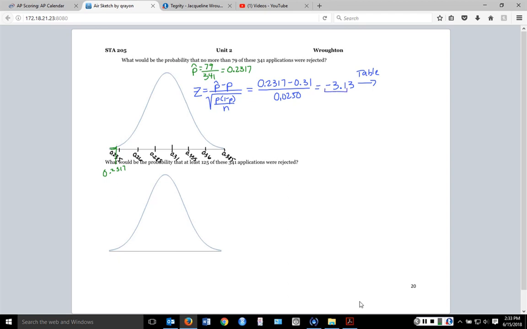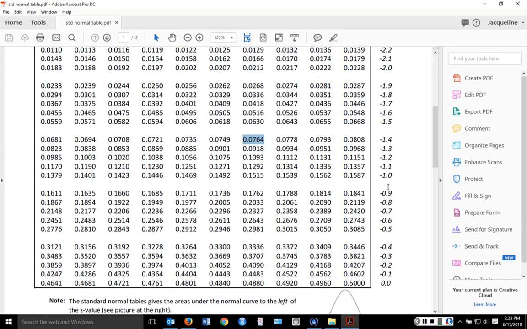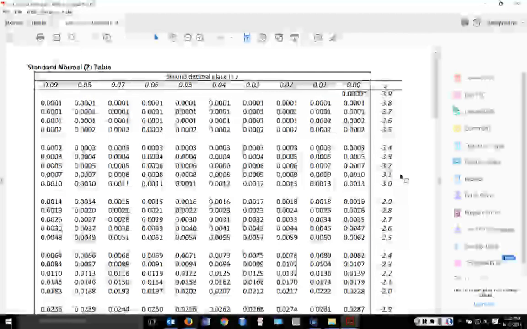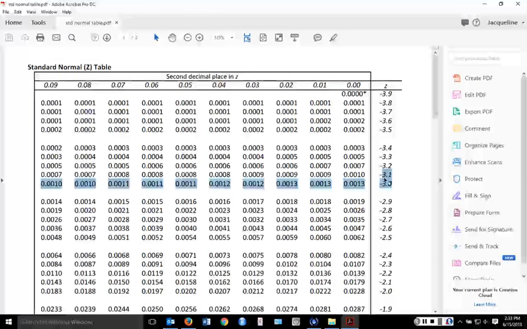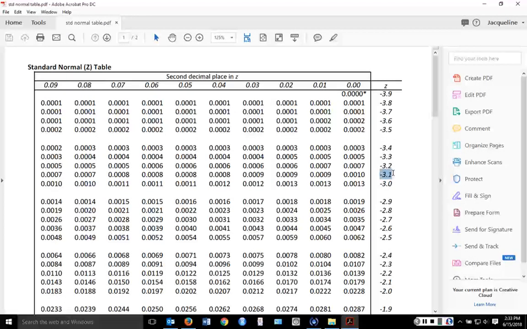So again, up to the first decimal point is the row, second decimal point is our column. So here's our -3.1, and then 3 was our column. So this is going to line up at this 0.0009.